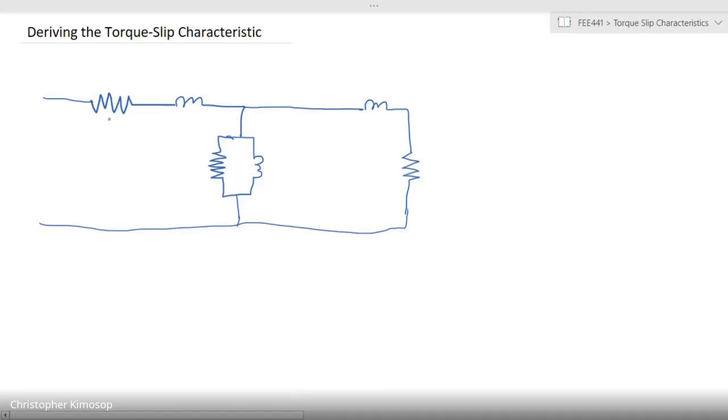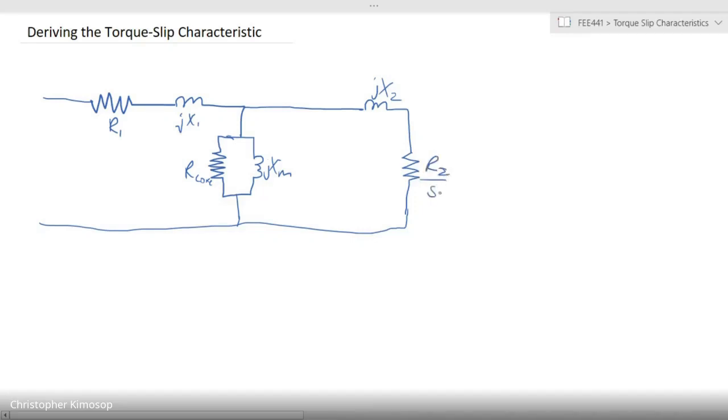Okay, so this should be very familiar by now. We have R1, JX1, R core, JXM, and then this side we have JX2 and R2 over S.